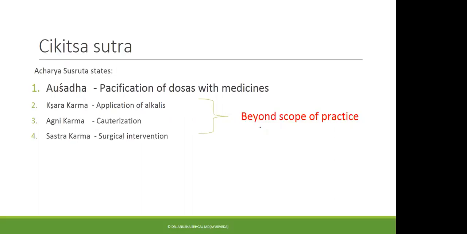In fact, there is another one that I haven't included here, but we do this in India, where we use Shada Sutra. Instead of just applying the alkalis as a paste onto the pile mass, we apply the alkali onto a thread, and we medicate the thread with the alkali paste.